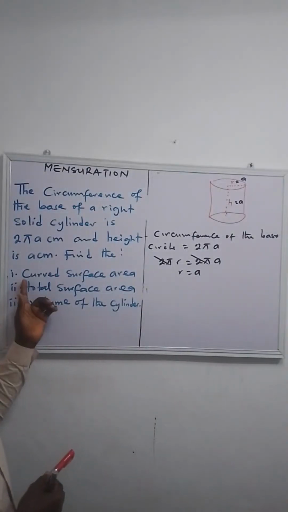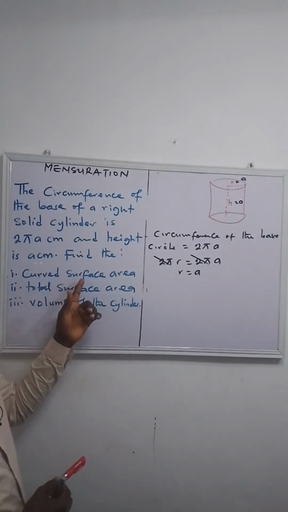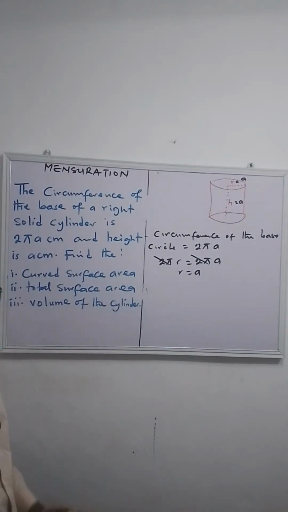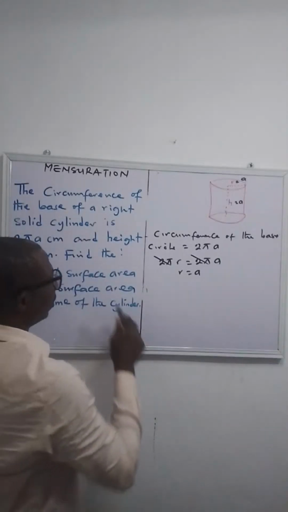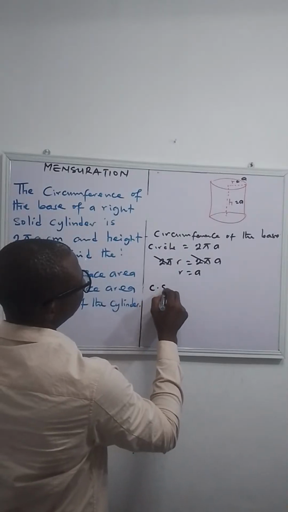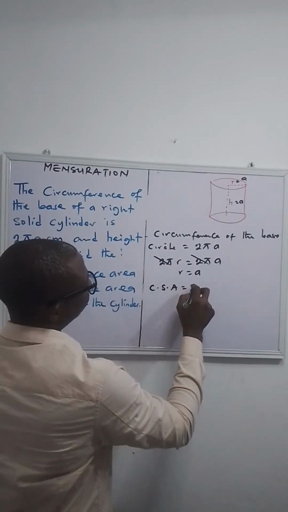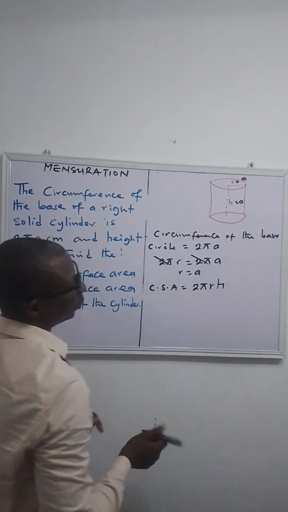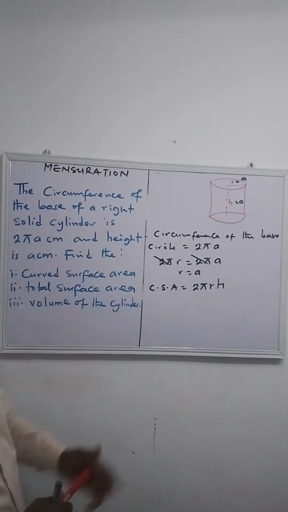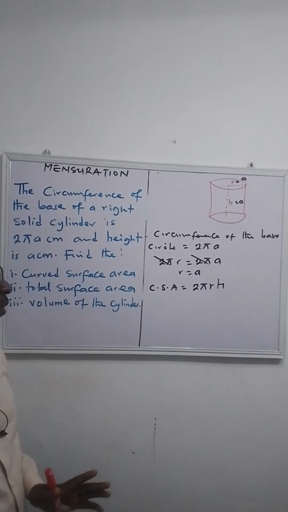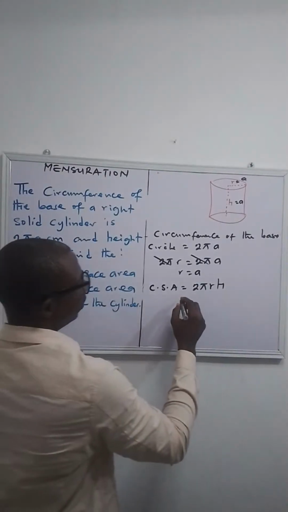All right. The question asks you to calculate the curved surface area. Now, what is the formula for calculating curved surface area of a cylinder? So we have curved surface area is going to be 2 pi r times h. Okay, so this is the formula for calculating the curved surface area of a cylinder. All right, so now let us plug in the values.